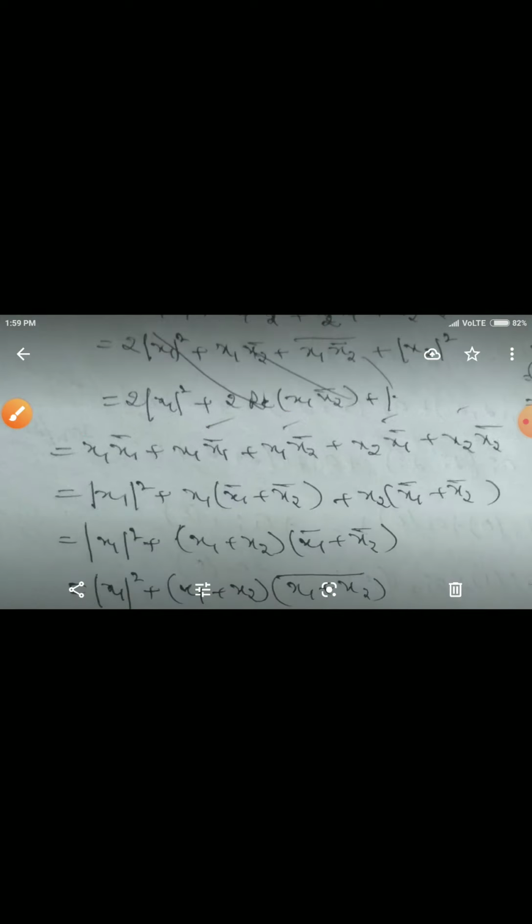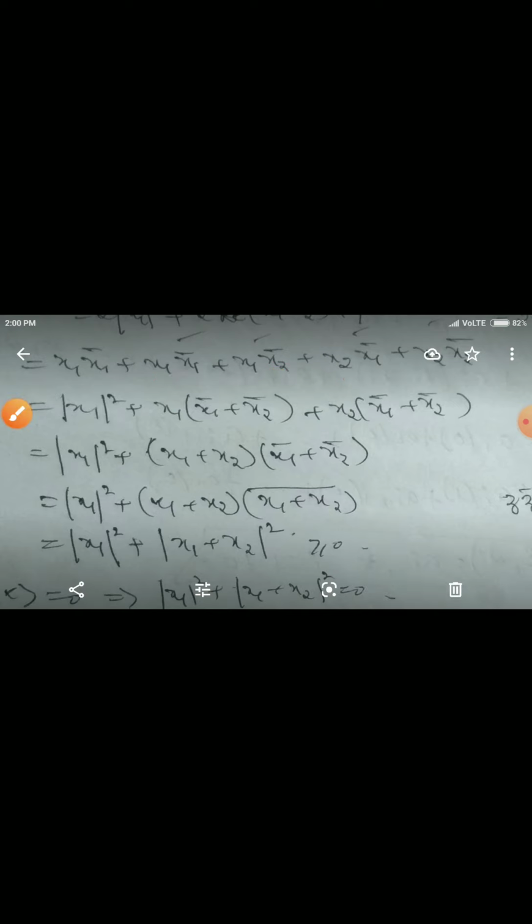Now what is going to happen? x1 x1 conjugate is nothing but mod x1 square, plus again from the second and third terms, if we take x1 common, that becomes x1 conjugate plus x2 conjugate. Similarly, from these two, if we take x2 common, that becomes x1 conjugate plus x2 conjugate.